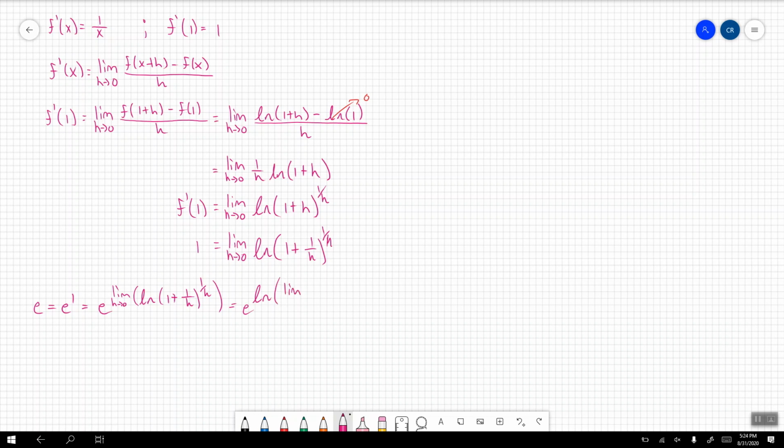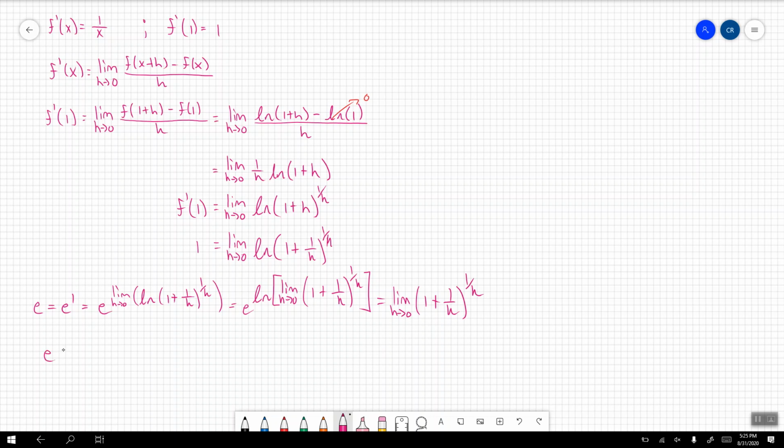Which means this is going to be e to the power of natural log of the limit as h is approaching 0 for 1 plus h to the power of 1 over h. And e to the power of natural log, well, e and the natural log are inverse functions of one another, which means this really just comes out to be the limit of 1 plus h to the power of 1 over h.